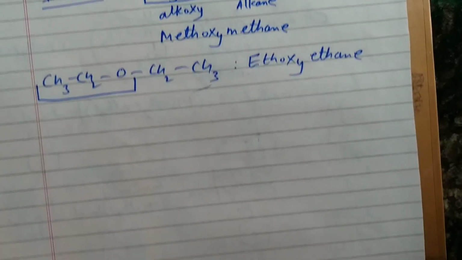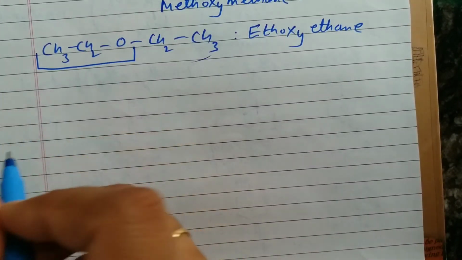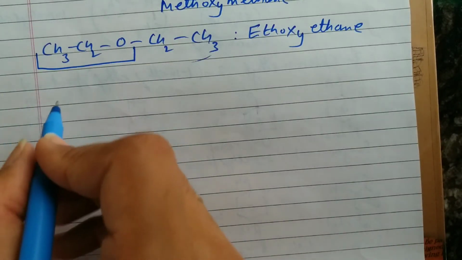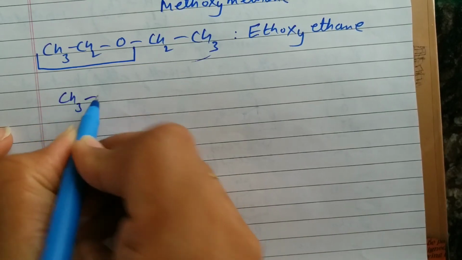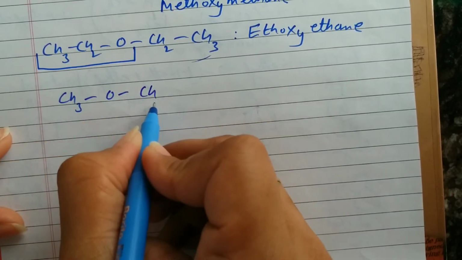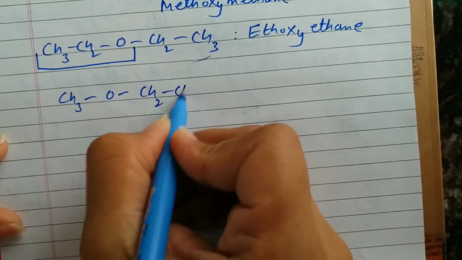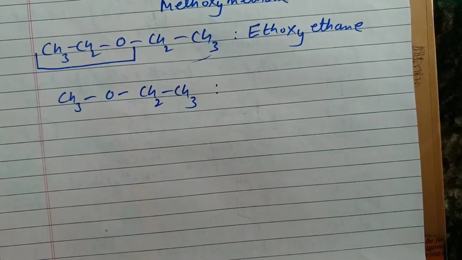Okay, and now let's take another example. Now I will change the alkyl groups on the two sides. So suppose I take this example to begin with, CH3OCH2CH3. Now there are two different groups. Now how do I decide which one should be taken with oxygen as the alkoxy?